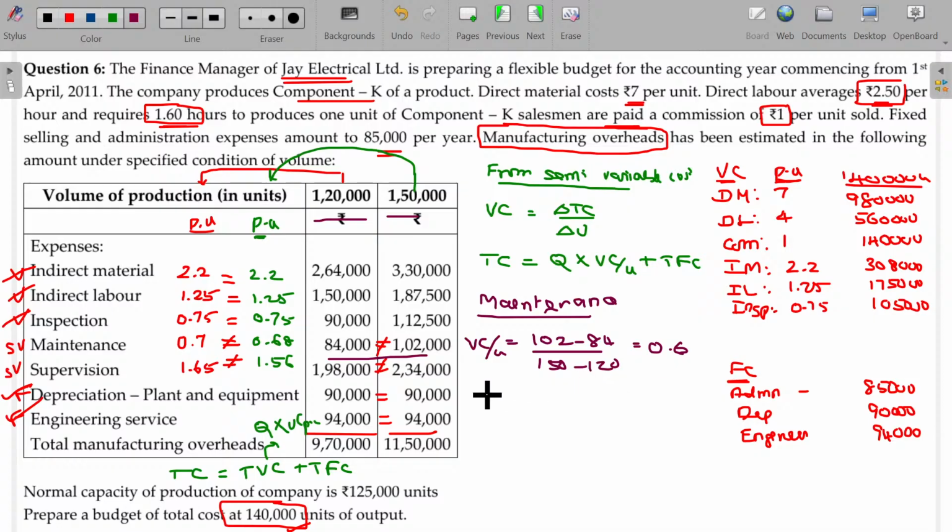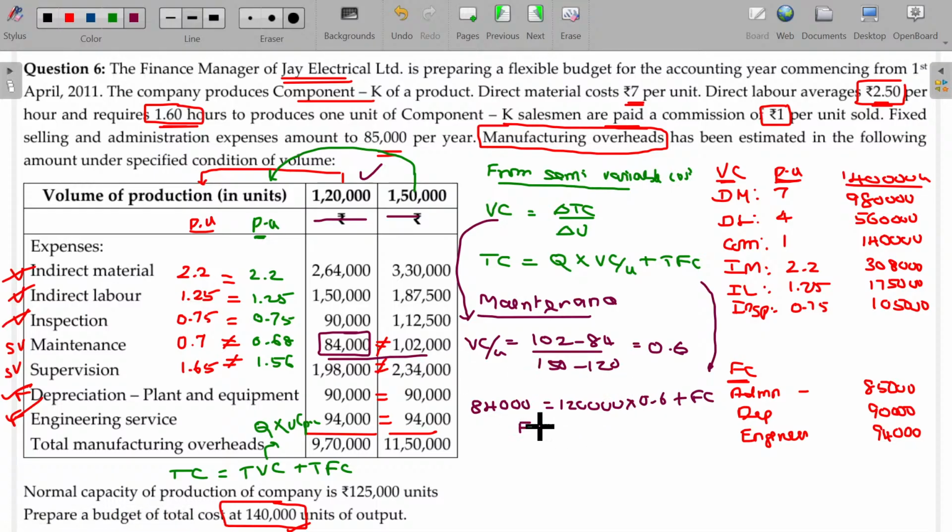And total cost in this case being 84,000. Total cost, I am applying the second formula, 84,000. This 84,000 total cost is applicable for 120,000 units multiplied by variable cost per unit plus fixed cost. Is that okay? I am using the second formula here. I am using the first formula for calculating the variable cost per unit.